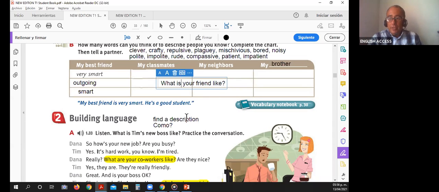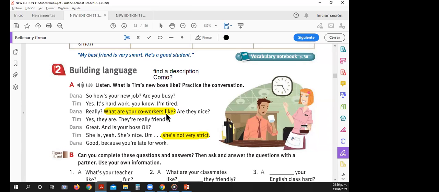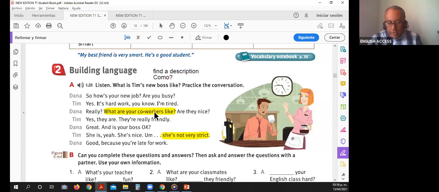Okay? In this case, Dana is asking about his or her team's co-workers. What are your co-workers like? In Spanish, how do you translate this? ¿Cómo lo traduces? ¿Cómo son tus compañeros de trabajo? That is correct, Fatima.